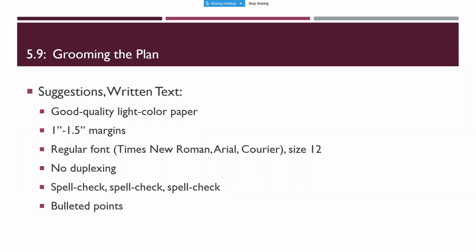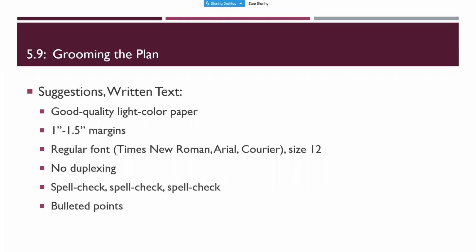So, spell check. I repeated that a few times. The spell check is very important, F7. Spelling and grammar check. Proper capitalization too. Oh, please, please. Proper capitalization, proper punctuation.